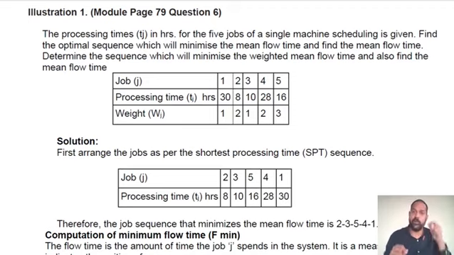Fine. You want me to minimize the mean flow time? Then I know that I have to sequence according to shortest processing time first. Determine the sequence which will minimize the weighted mean flow time and also find the mean flow time. Okay, so you want me to find the mean flow time and then you've given me weights and you want me to find the mean weighted flow time also.